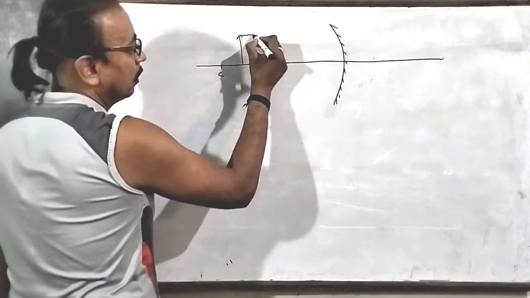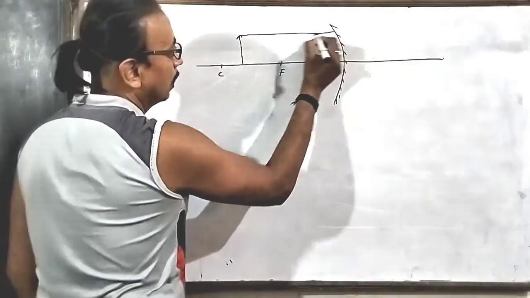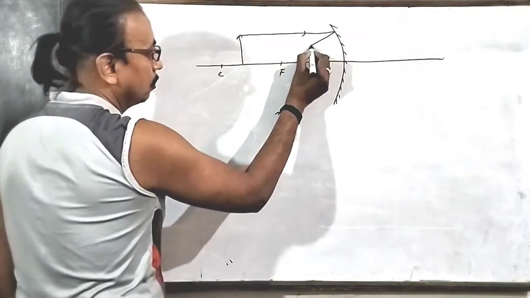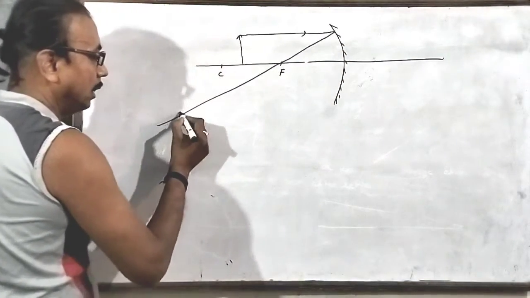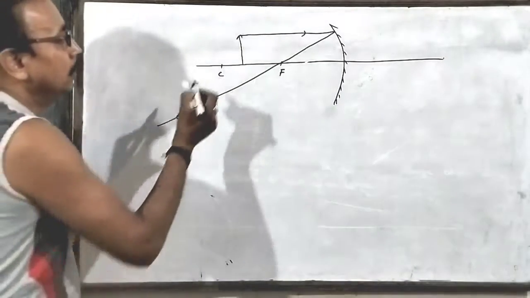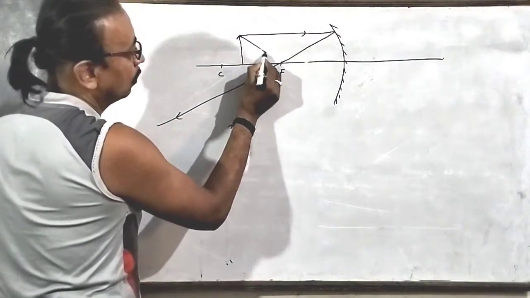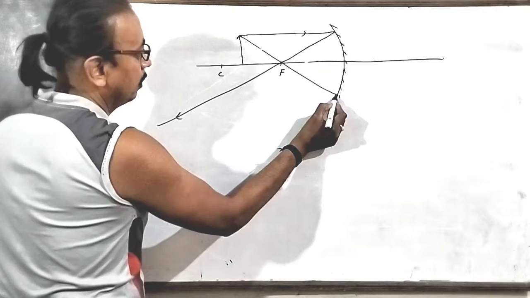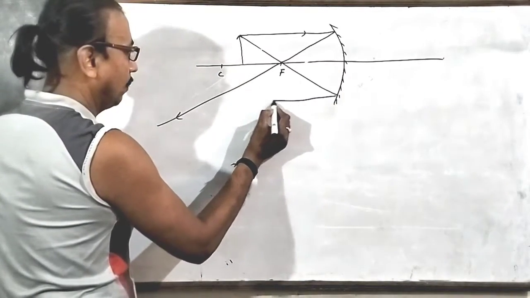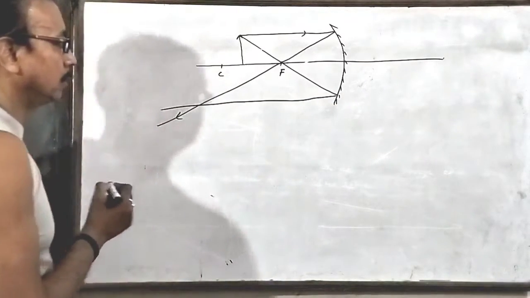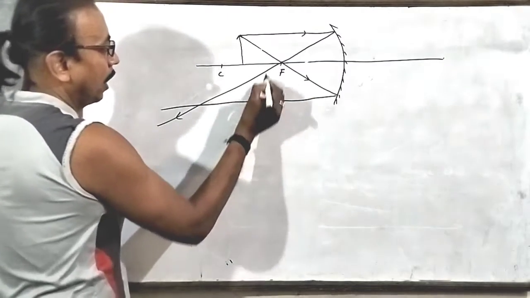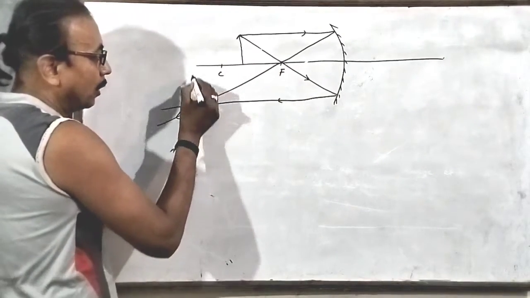From this point we draw a ray parallel to the principal axis. It will pass through the focus. One ray. The second ray we can use is one passing through the focus, which reflects back in this way, and these reflected rays intersect at this point.